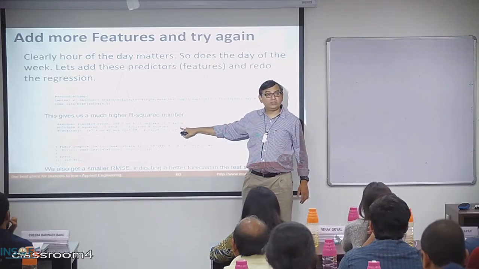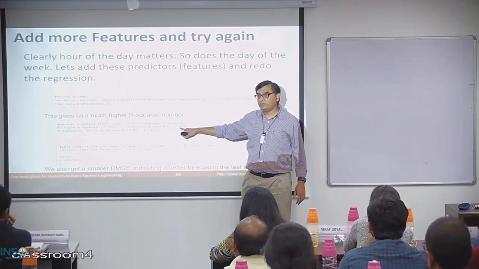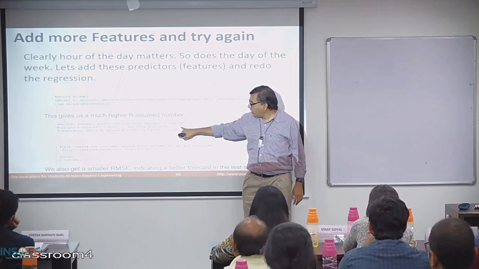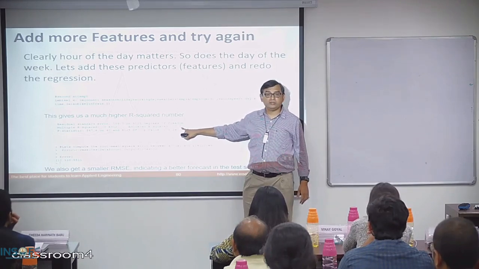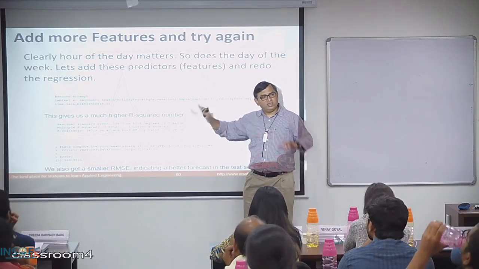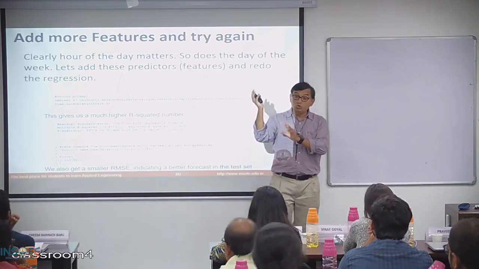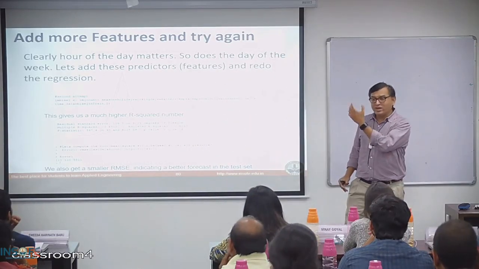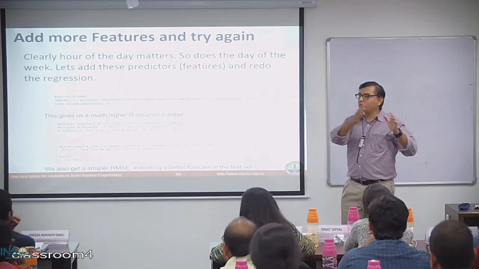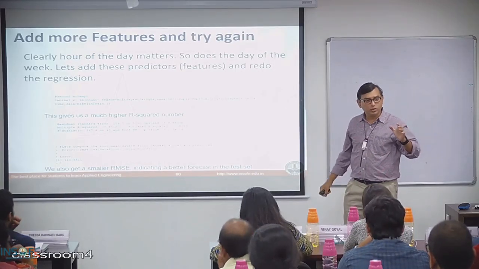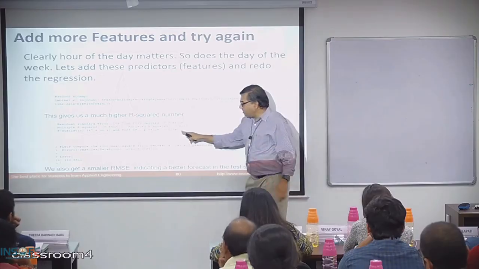We started with around 25%. Now I have around 63%. Okay. The same amount of data was there. It's just that we decided to extract information that was not directly available but might be potentially useful. Putting that in increased our R square.